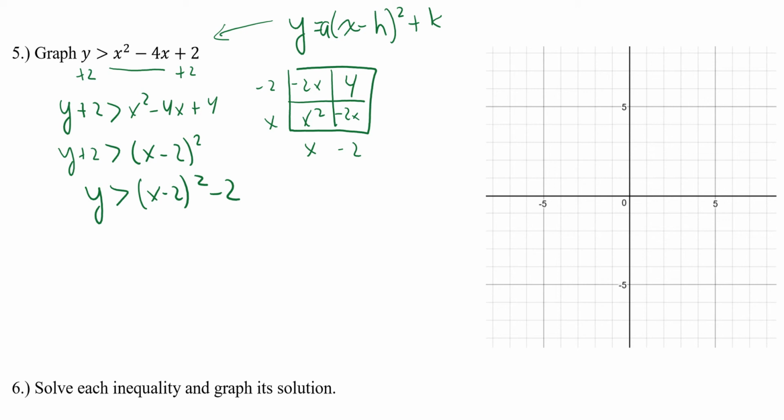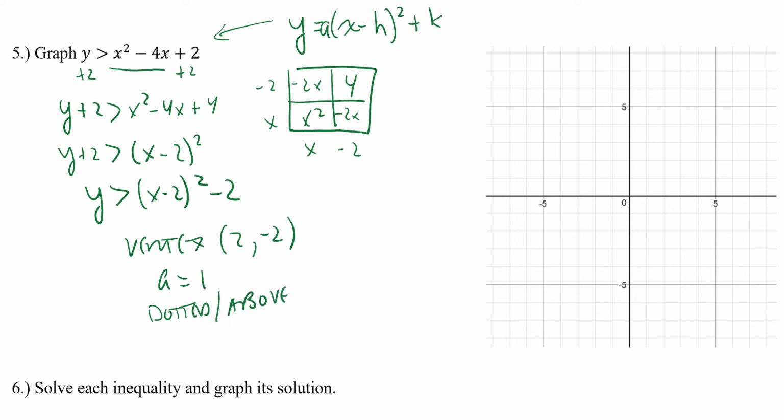So now I'm in graphing form, and so we know that the vertex is going to be at 2 comma negative 2, and I know my a value is 1. I also know my line is going to be dotted, and since y is greater than, I'm going to shade above.